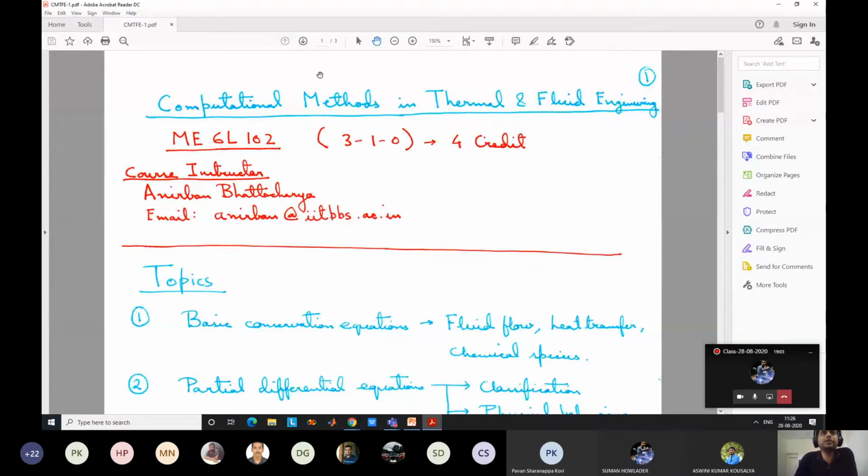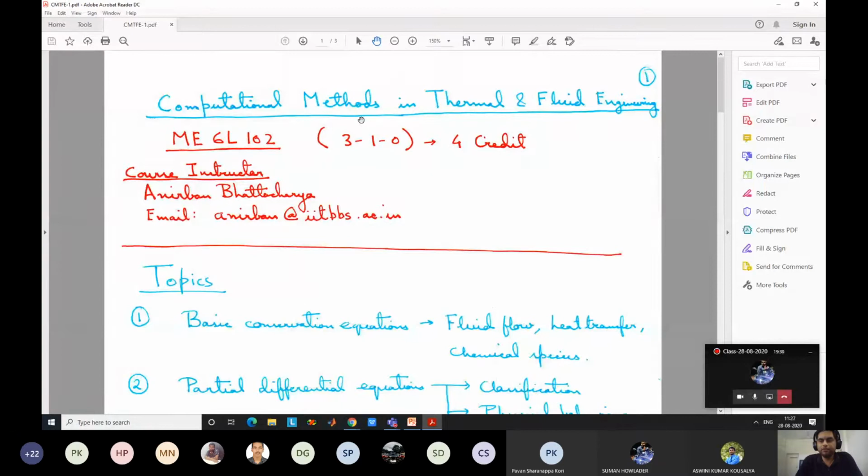So as I was saying, the course name is Computational Methods in Thermal and Fluid Engineering. So basically this is a CFD course, Computational Fluid Dynamics. But this is a more appropriate name because when we say CFD or Computational Fluid Dynamics, it involves both fluid flow as well as thermal problems.